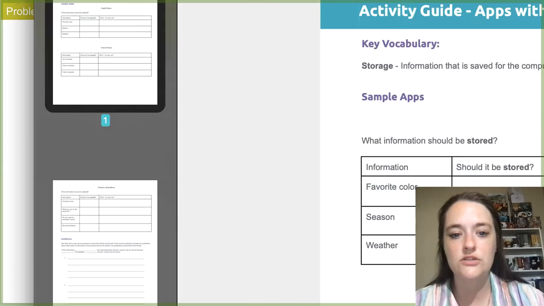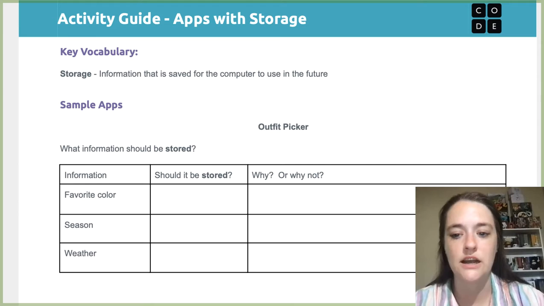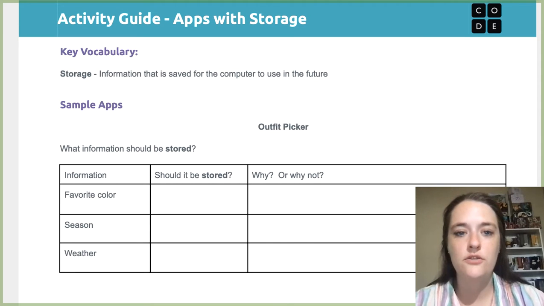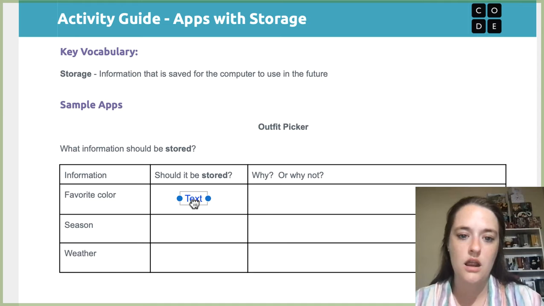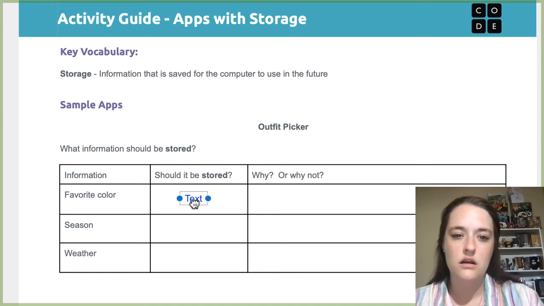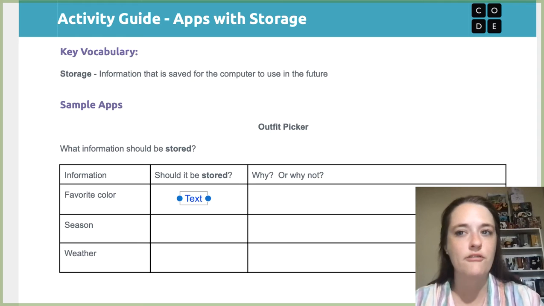Okay, so you're going to put your information. This is a 2-page activity guide, okay? So your information, not what I'm putting. Favorite color is the information. Should it be stored? Should we store our favorite color?